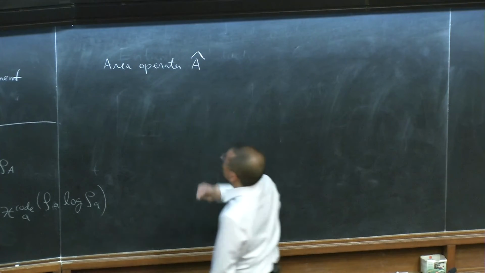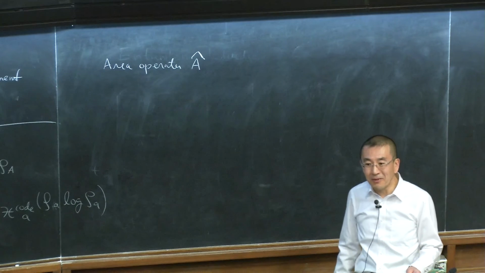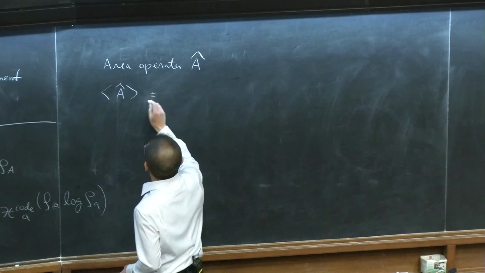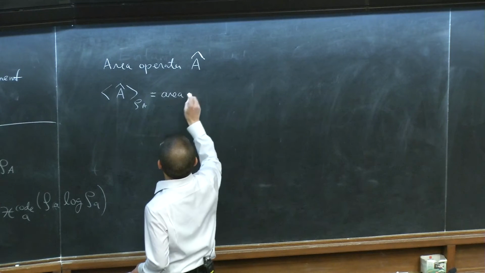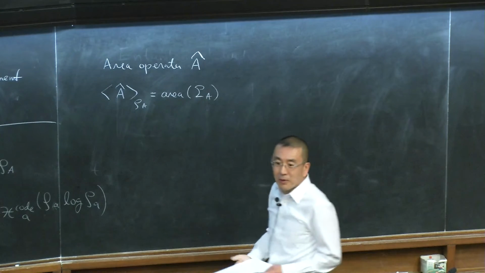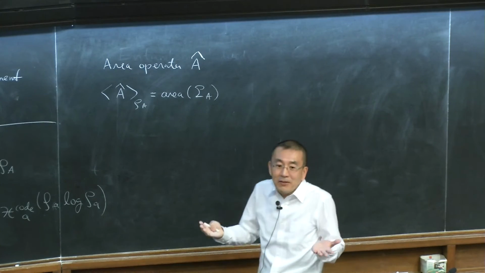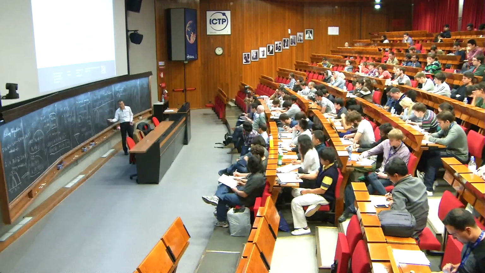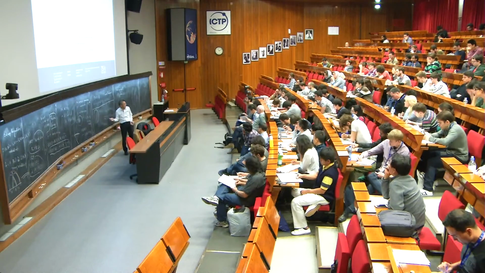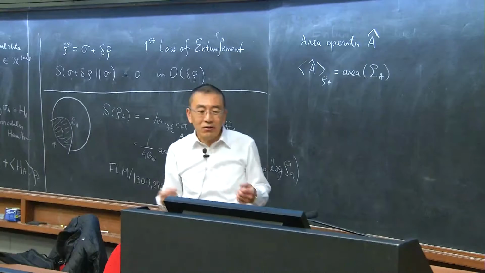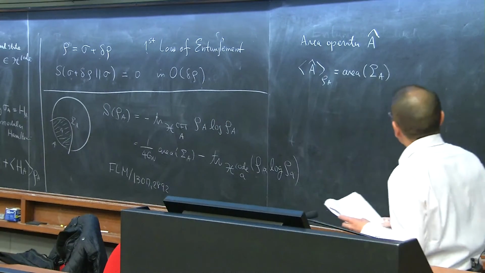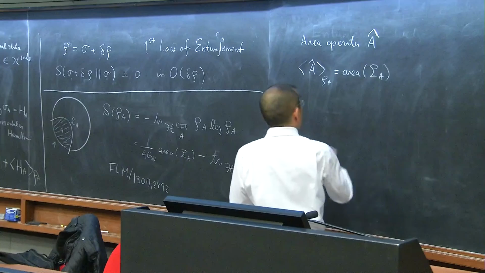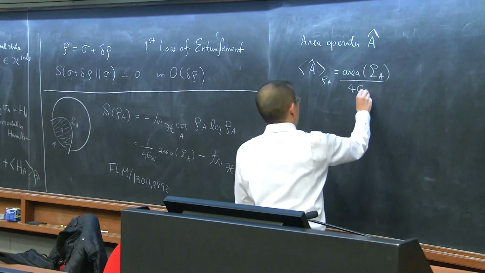So you can imagine that there is an operator in the quantum theory of gravity whose expectation value, for rho A, gives you the area of sigma A, because evaluating the operator in the semi-classical case can be calculated in terms of the metric in the bulk. So you can certainly consider that there is an operator whose expectation value gives you area. So for simplicity, let's also divide by 4G Newton.